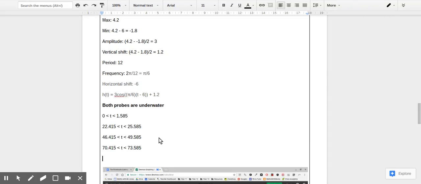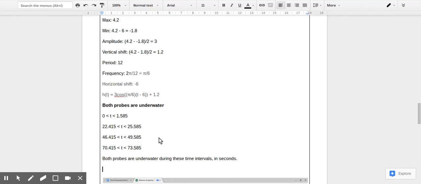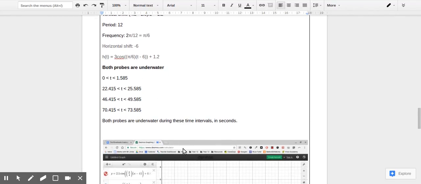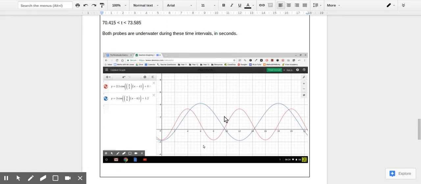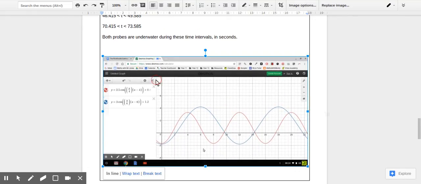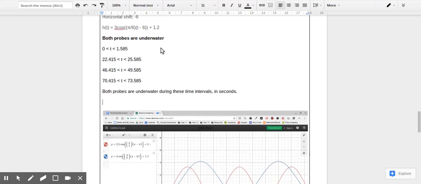So both probes are underwater during these time intervals in seconds. Okay, so something like that would be getting up to our relational thinking. But what we want to do next is we want to get up to our next stage. We want to get up to excellence.